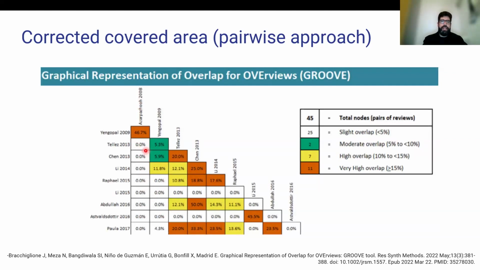So here we see that a lot of reviews do not overlap at all, 0%, but some of them, for example, Abdullah with Chen, share 50% of their primary studies. So this was quite useful, first to interpret the data and to discuss the limitations of our findings.